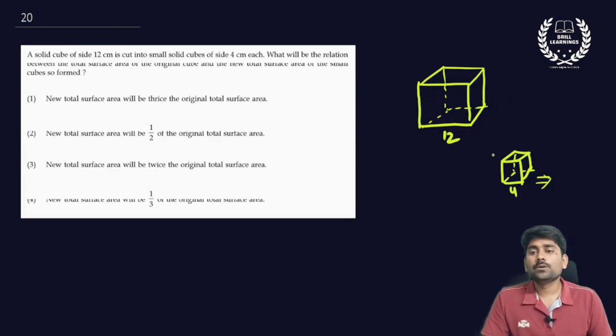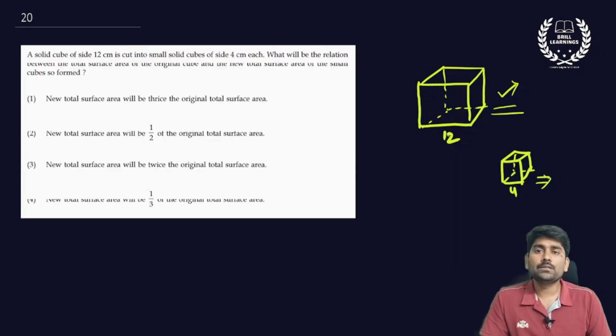What will be the relation between the total surface area of the original cube and the total surface area of all the smaller cubes? So I have to find the relation between these two.